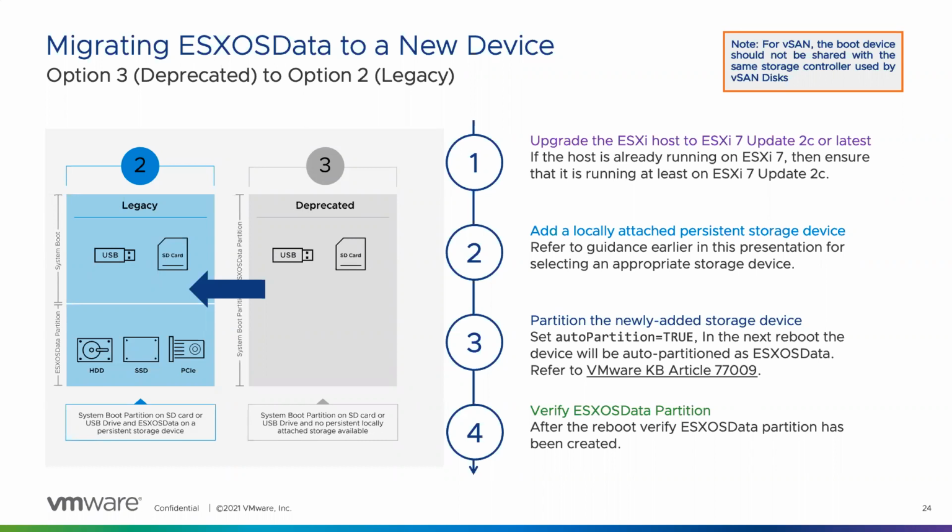There are different options currently available. But in short, if you add any additional disk and it is unused and there is no ESXOS data partition on it, it will auto partition that disk and it will be used as the ESXOS data partition.